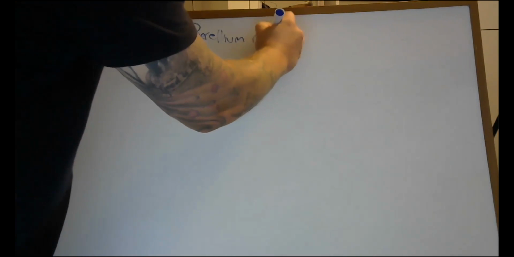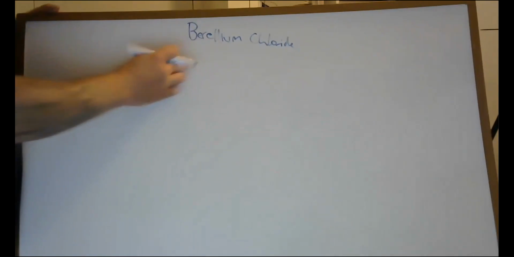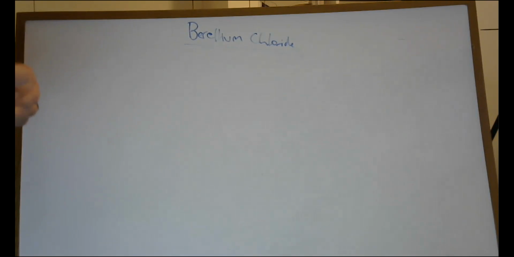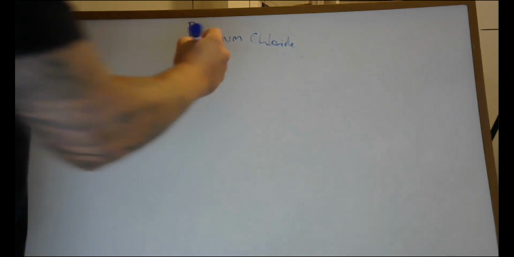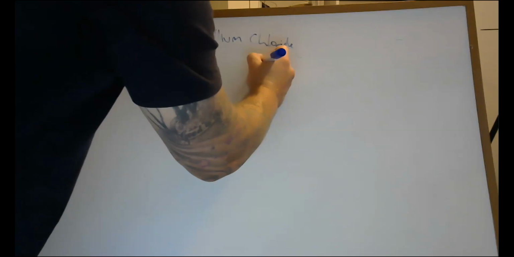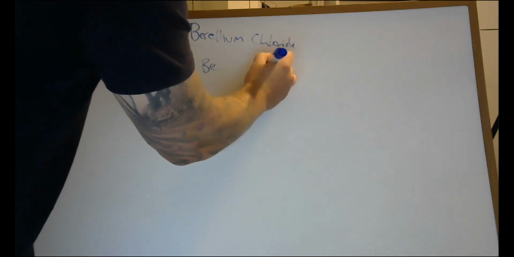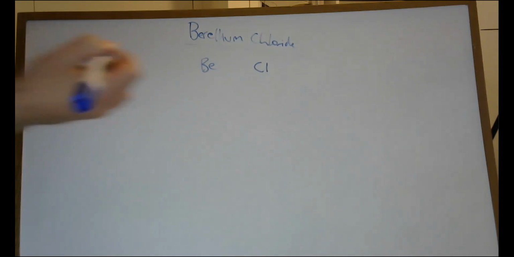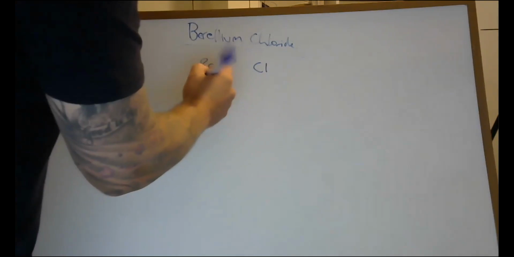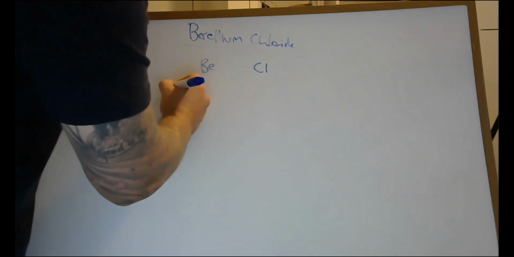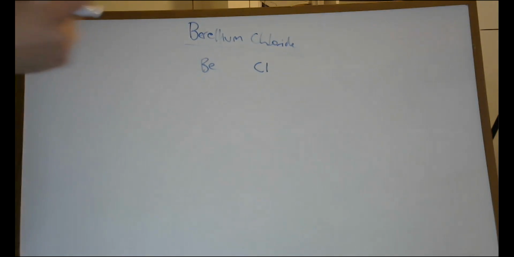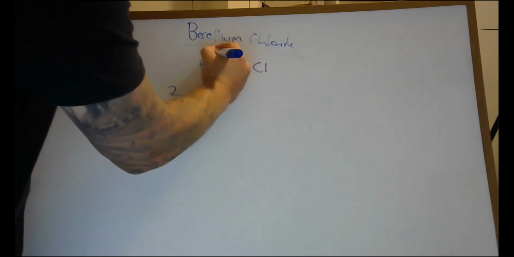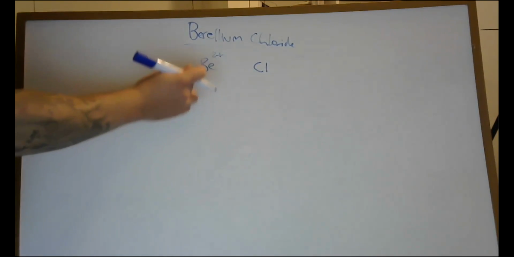Beryllium chloride. So what we need to do is figure out the formula for beryllium chloride. Beryllium is in group 2. Chlorine is in group 7. So beryllium contributes 2 valence electrons because it's in group 2, and it forms a 2+ cation because it's in group 2.